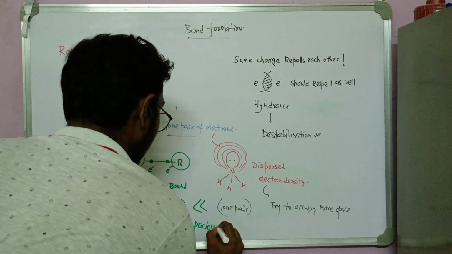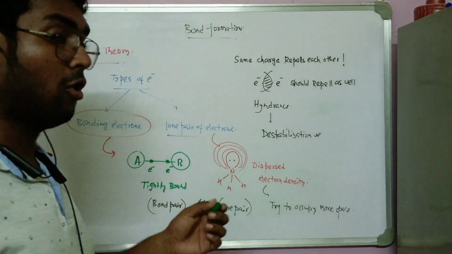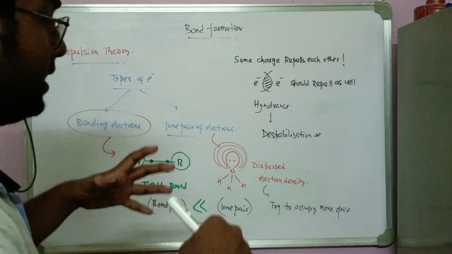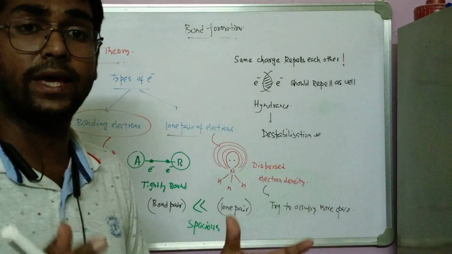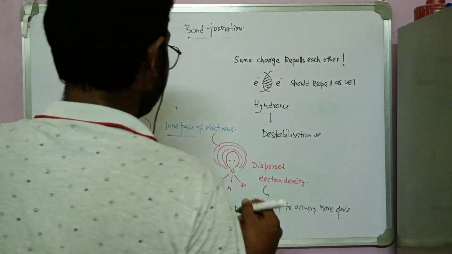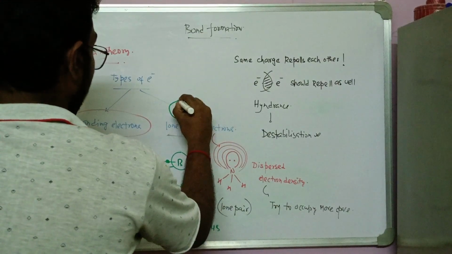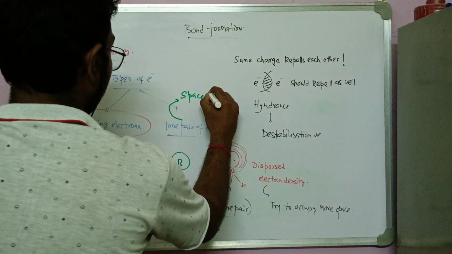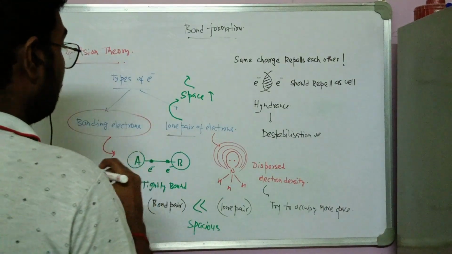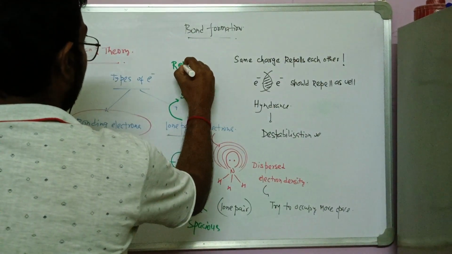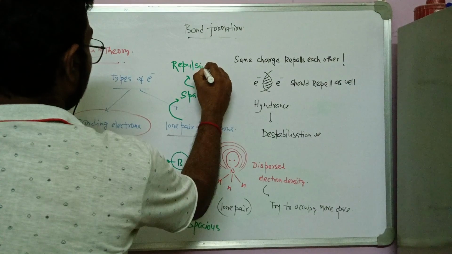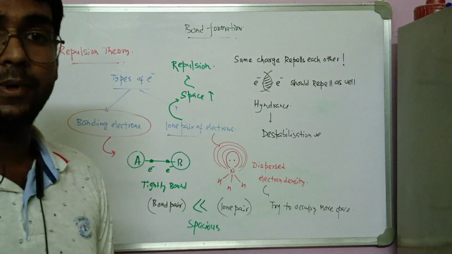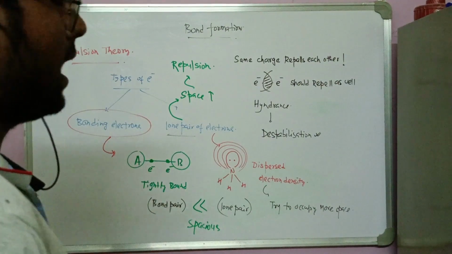If the lone pair is present and the bond pair is also there, then the lone pair will create more repulsion because it has to acquire more space than the bond pair. So between the bond pair and lone pair, the lone pair will have the higher repulsion.